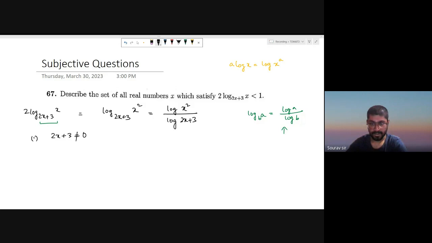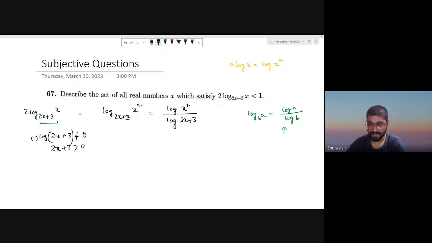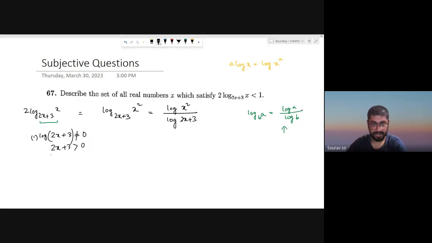So we have 2x plus 3 greater than 0. What I meant here is that the log should not be 0, because then this fraction will not get evaluated, division by 0 error. So 2x plus 3 should be greater than 0. All right, that means x is greater than minus 3 by 2.